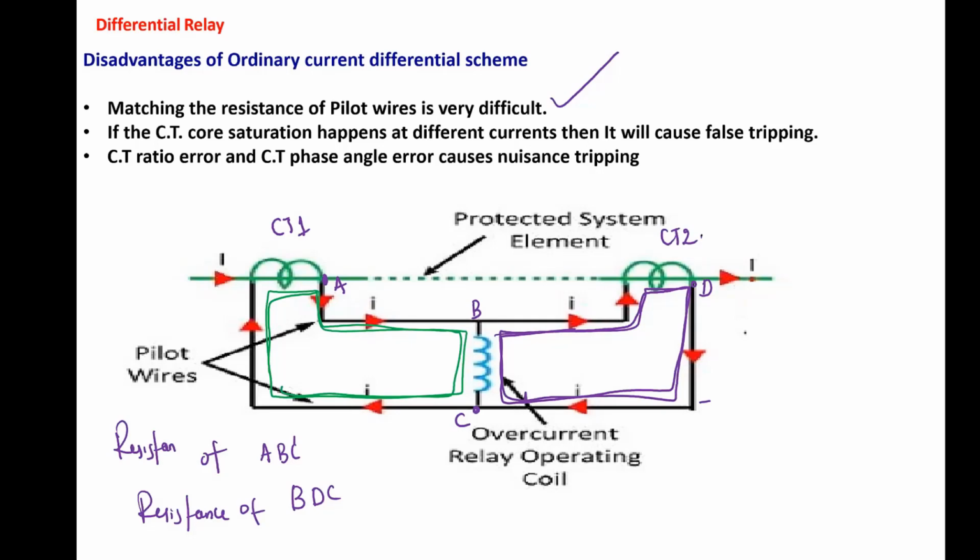Let us assume the same company, same person, same location made both CTs with the same ratings. Even then, there will be some mismatch in the magnetic curves of both CTs. It is impossible to make exactly identical CTs with the same magnetic curve characteristics. So when the CT saturation is different, then also it will cause nuisance tripping.